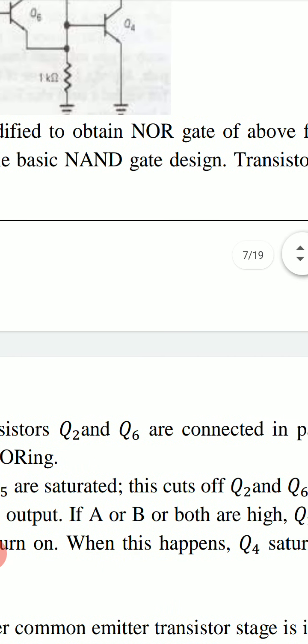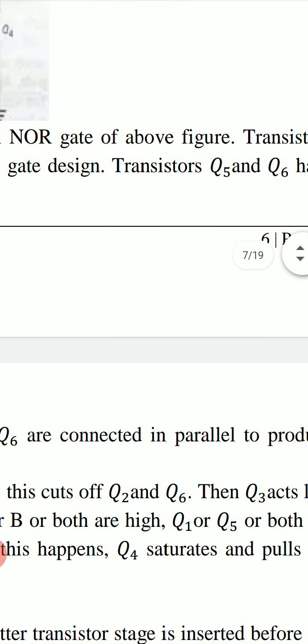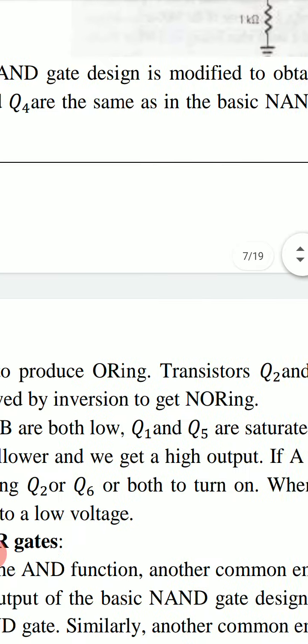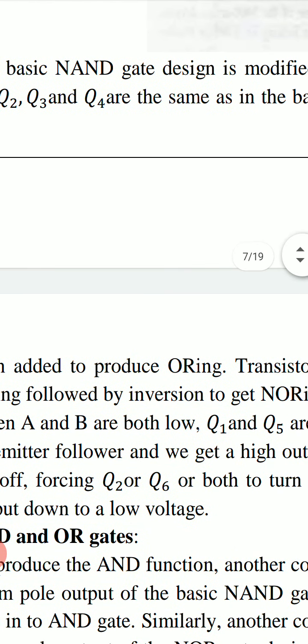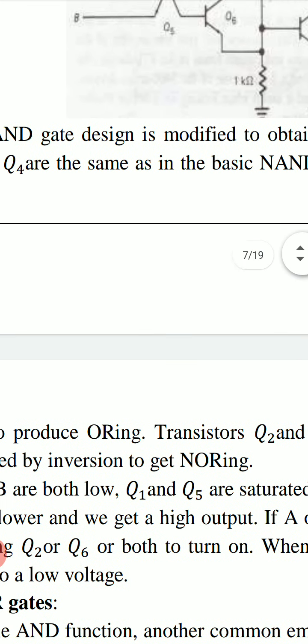Transistors Q2 and Q6 are connected in parallel to produce OR-ing followed by inversion to get NOR-ing.